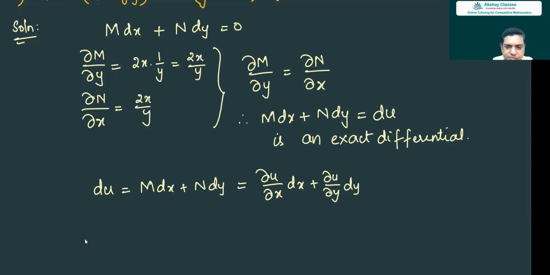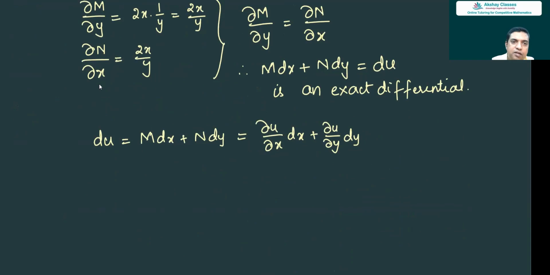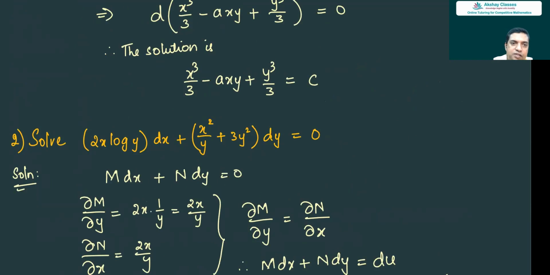Now let us look at how to solve. I do it by method 1, which is by inspection. I'm using my intuition to solve it. I'll do it very fast this way.